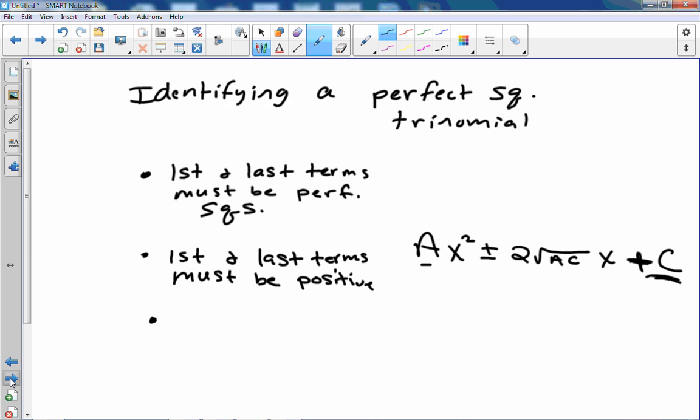Now, here's probably the most confusing part. It's the middle term, and this is really hard to illustrate without numbers here. I'm going to throw some numbers into this in a minute.